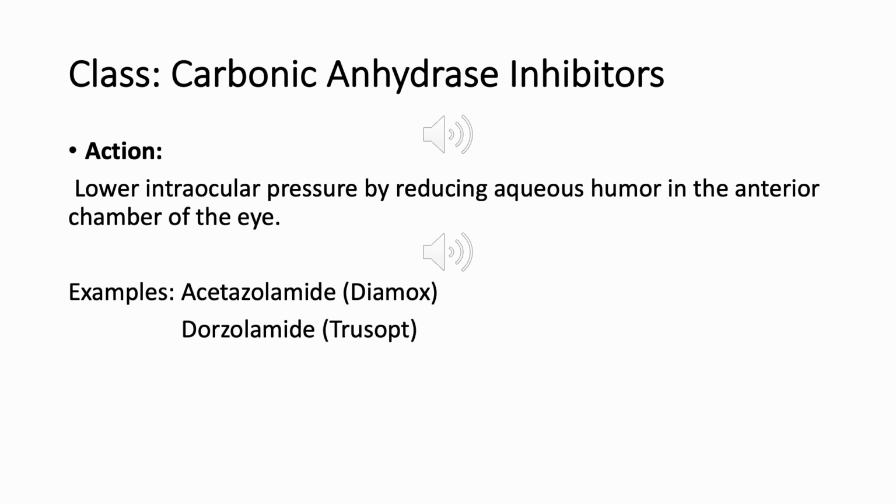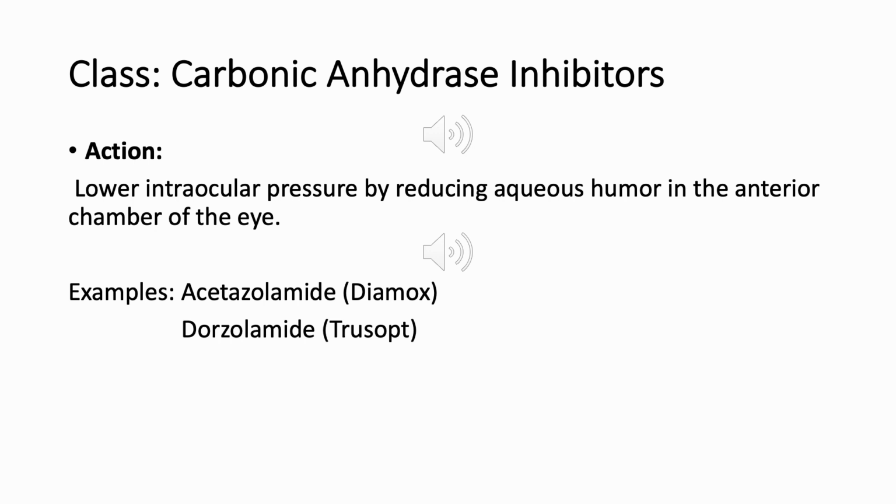The nursing implications: double check allergies before giving these drugs because some may have cross sensitivities with sulfonamide antibiotics. Report any GI problems to the healthcare provider because they may be side effects of these drugs as well. Monitor electrolytes, particularly sodium and potassium, because these drugs are also categorized as diuretics.